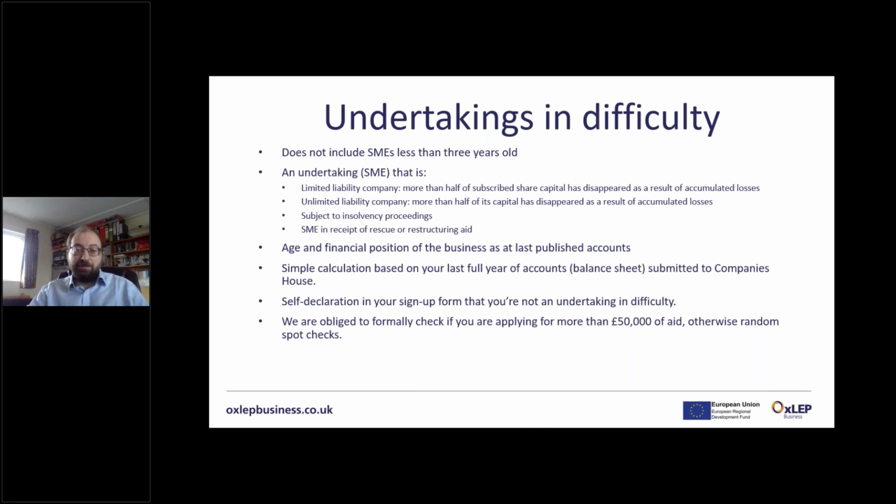When you signed up to the ISFP program, you will have completed a declaration that confirmed you are not an undertaking in difficulty. But it is worth noting that we're formally obliged to check for anyone applying for more than £50,000 worth of aid. So that could be a large Go Create grant plus some workshop support, in which case we'd have to formally check. Otherwise, we are required to do random spot checks.